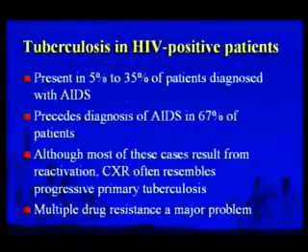TB and HIV positive people, which we talked about earlier, can precede the diagnosis of TB. It often resembles progressive primary TB. So when people come in with pneumocystis pneumonia as a cause of diffuse infiltrates, we have to rule out TB with some smears. Diagnosis of TB is tough.